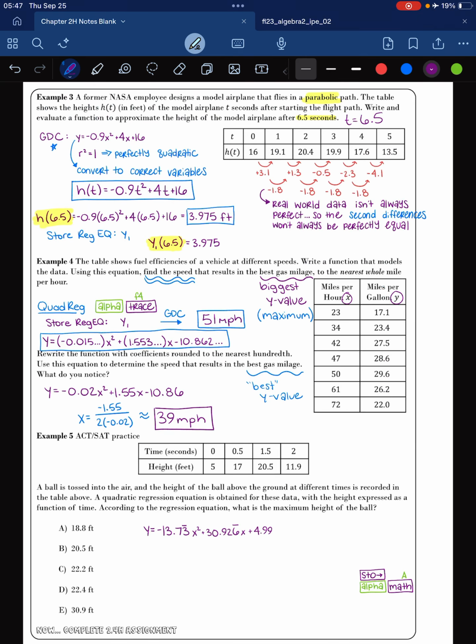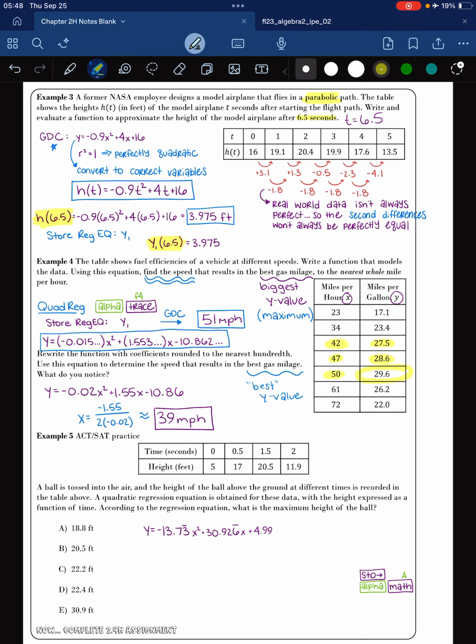And let's actually look at that in the table. It's telling me I get the best gas mileage at 39 miles per hour. Well, I can see in the table, at 42 miles per hour, I'm getting 27. At 47 miles per hour, I'm getting 28. At 50 miles per hour, I'm getting 29.